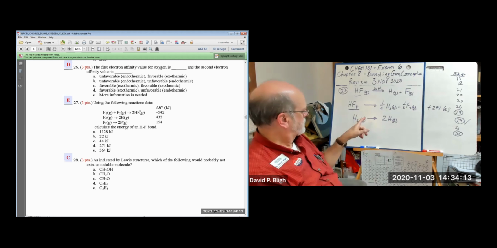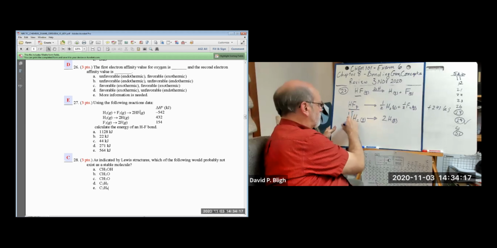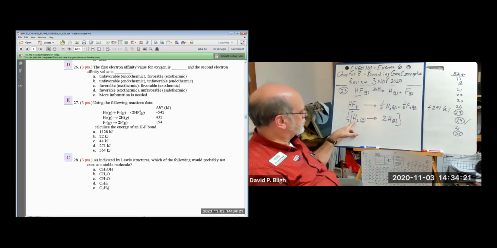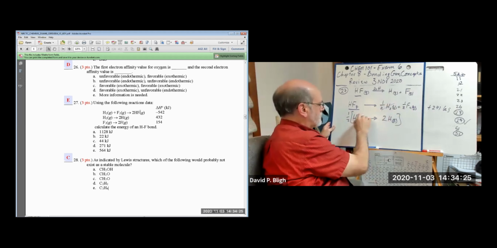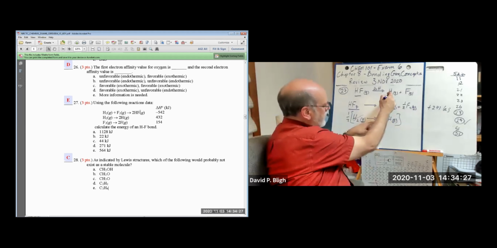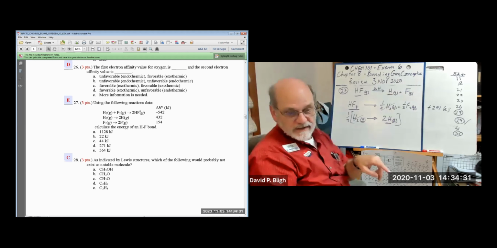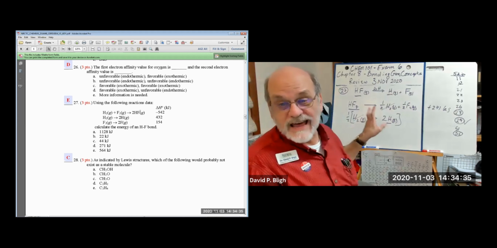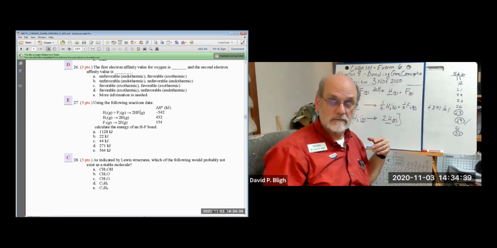No. We only need half of this one. Right? So half of that one would give you this, which would cancel. And half of this one would give you that. But did we have to flip it? H2? No, we didn't have to flip it. So we only need half of it. So half of 432 is 216.